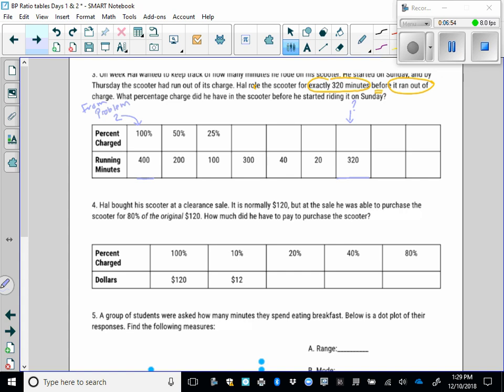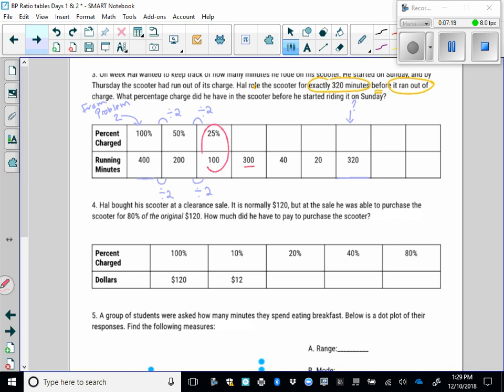We know that a 100% charged scooter goes for 400 minutes. So I'm going to divide this in half, divide by 2 to get 50%. Then I'm going to divide by 2 again to get 25%. Now I'm going to try to figure out how to get to 300.